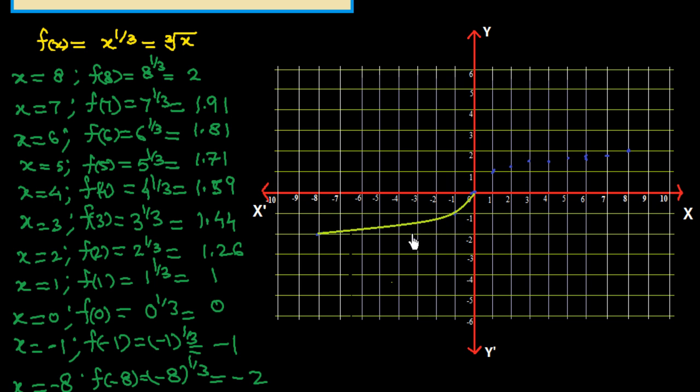In this way we get this graph. On the right side we draw another graph. Just a moment. Now we draw a graph here, just like this.